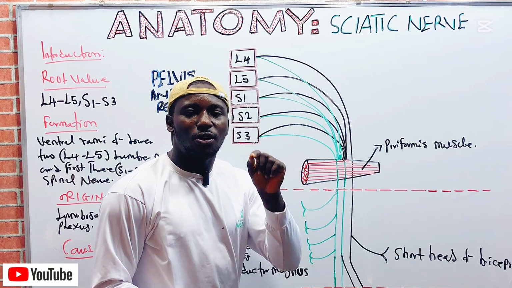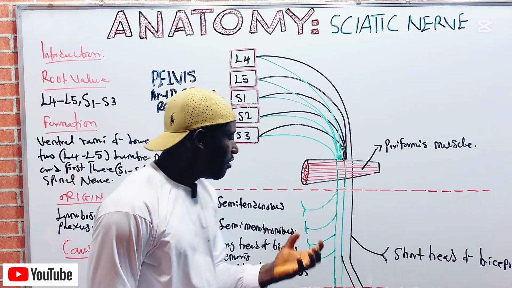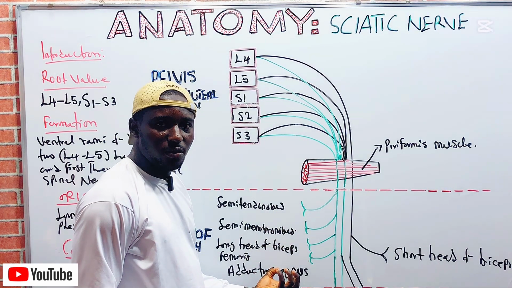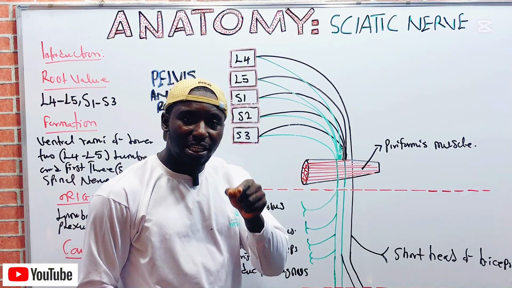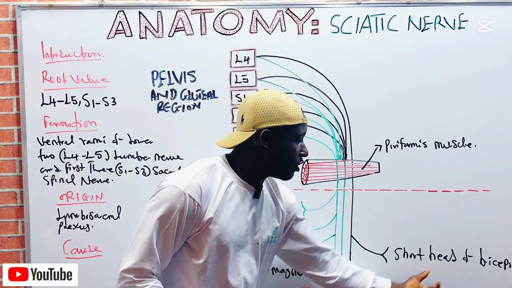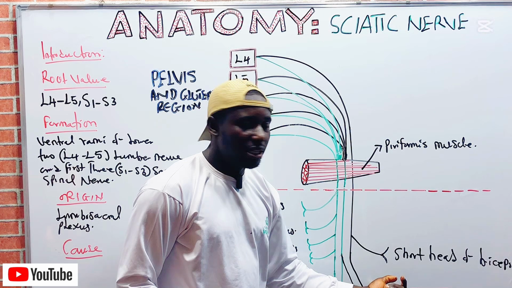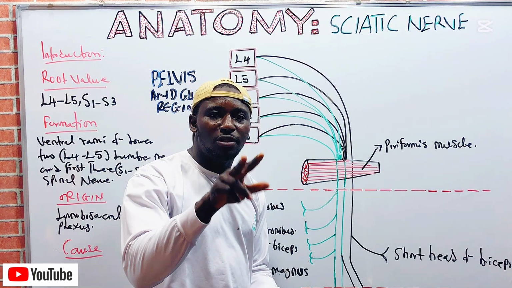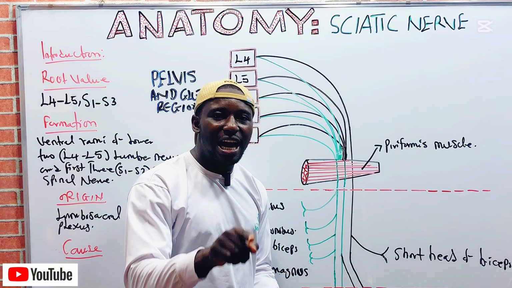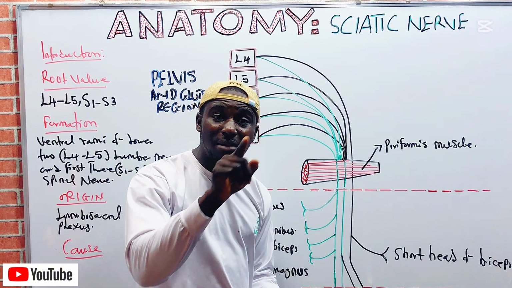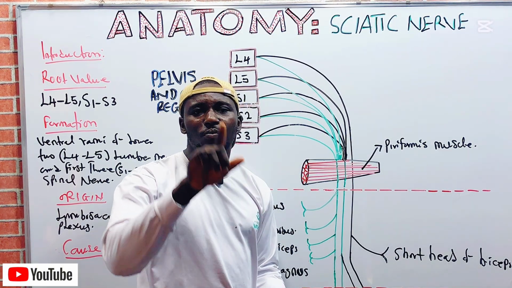The tibial component of the sciatic nerve innervates these muscles, while the common peroneal component of the sciatic nerve innervates the short head of the biceps. That means there are two nerves that form the sciatic nerve. We have the tibial component and the common peroneal component. That is the tibial nerve and the common peroneal nerve.